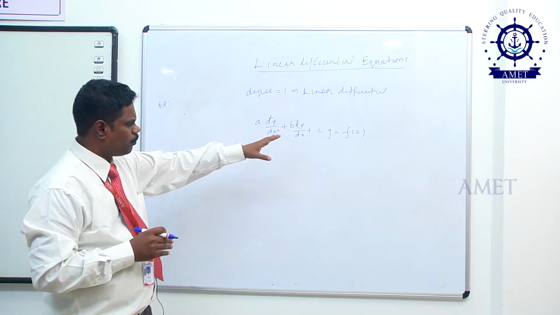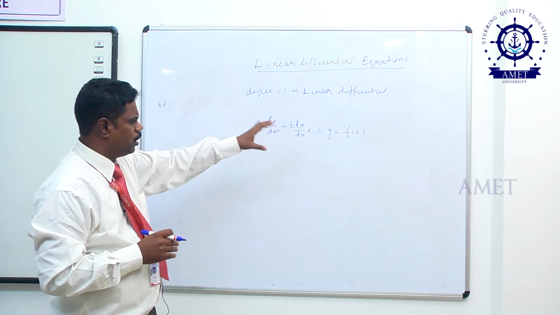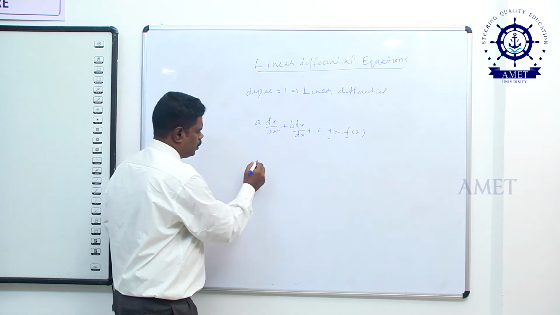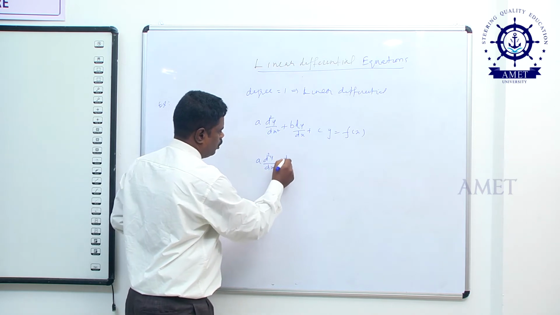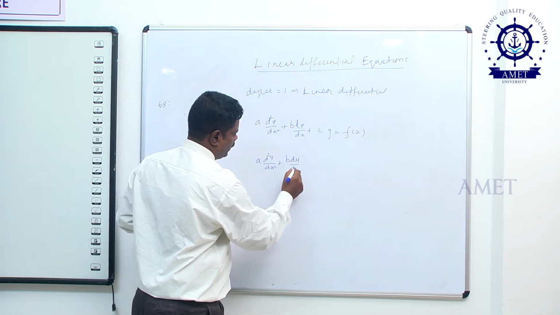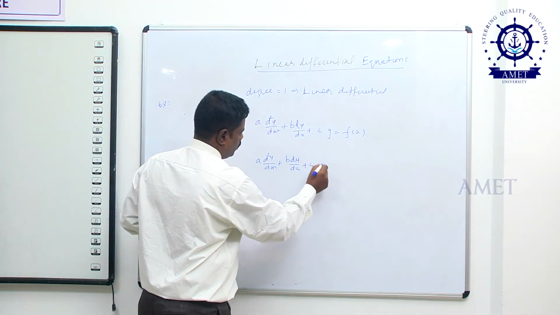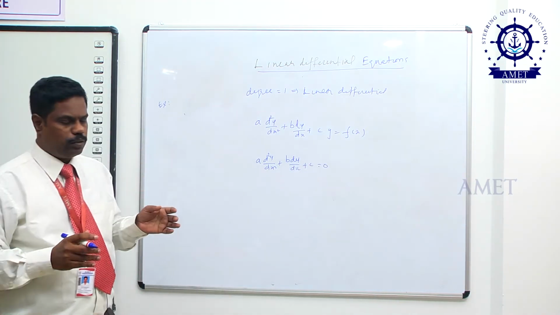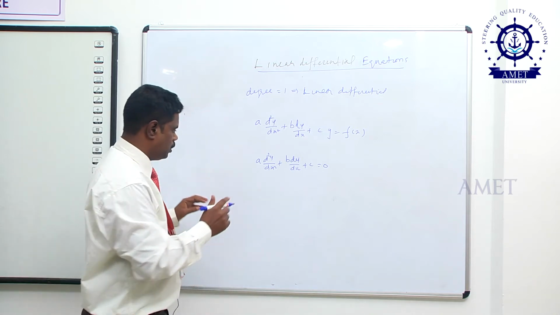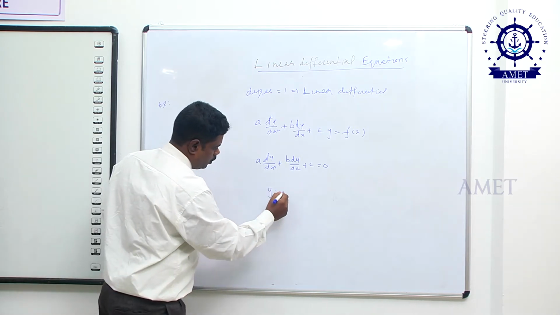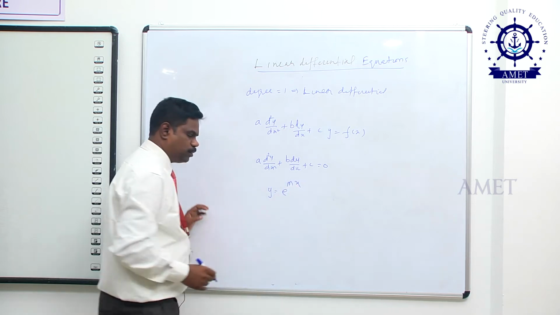Now, when you want to solve these equations, I am taking only the left hand side part, that is a into d squared y by dx squared plus b into dy by dx plus c y equal to 0. Now this is a linear differential equation. Definitely the solution will be y is equal to e power mx.